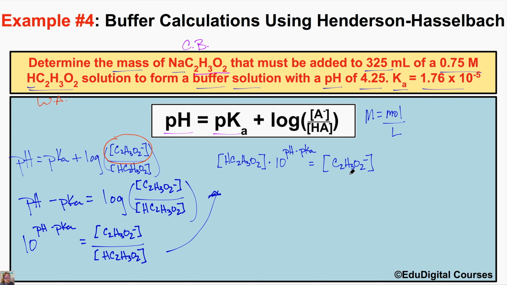So once we find the molarity here, we can plug it into this formula here to figure out the number of moles. We can then figure out the number of moles of NaC2H3O2 and then figure out the mass.